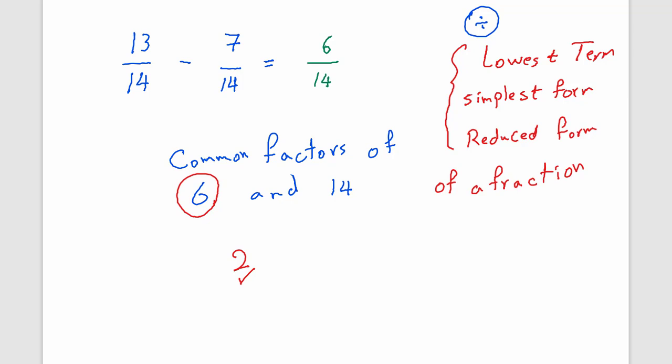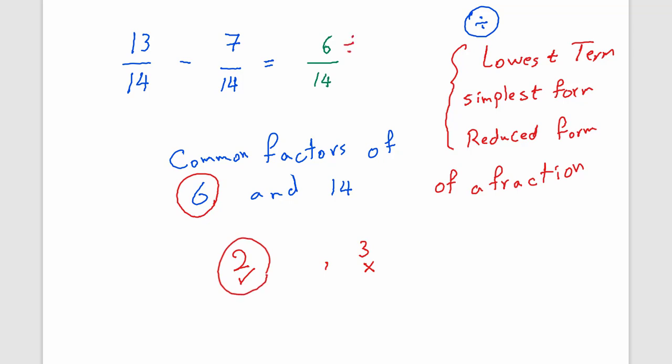So 2 is a common factor. But 3, 2 times 3 equals 6, but we don't have 14 as a product in the multiples of 3. So 3 is not a factor of 14. We cannot use this one. So the only number that we can use is 2.